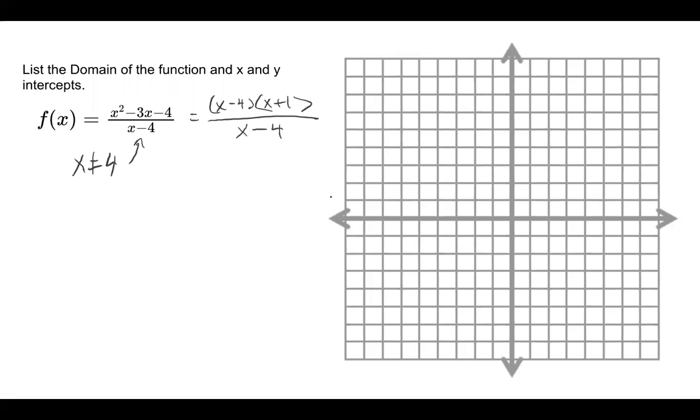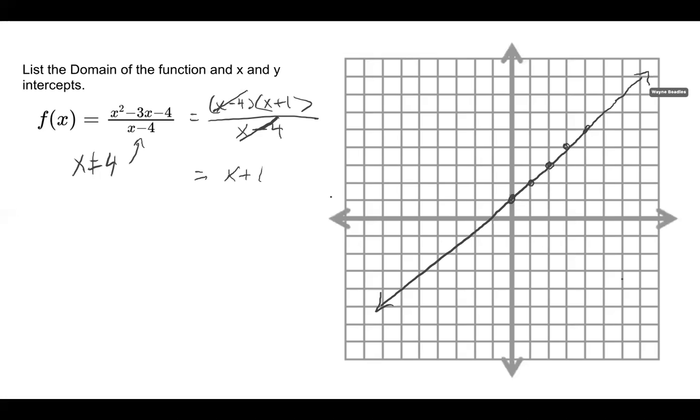This one doesn't. So this is an anomaly, because when I factor the numerator, these two things are going to cancel out. And really all this function is x plus 1. So it's crossing here at 1 and going up 1 over 1, up 1 over 1, up 1 over 1. And so we have a graph that goes like this.